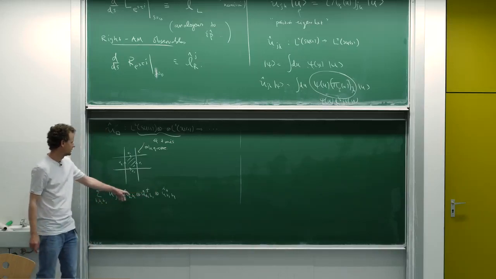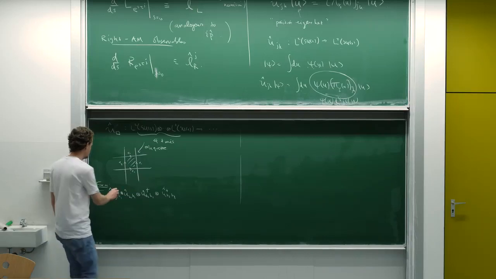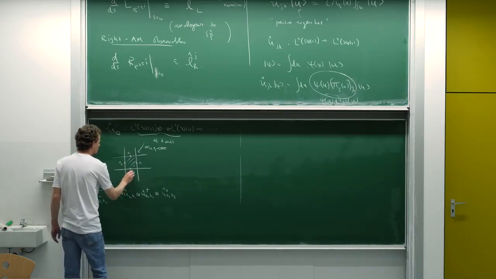We're going to form this funny operator here. And this u is the u observable for E1.